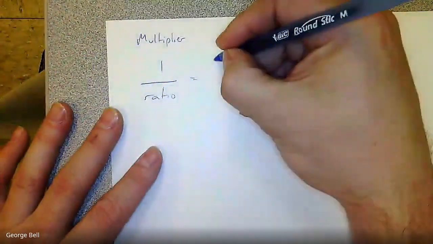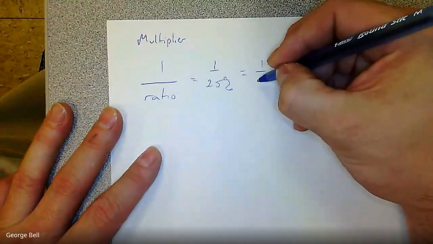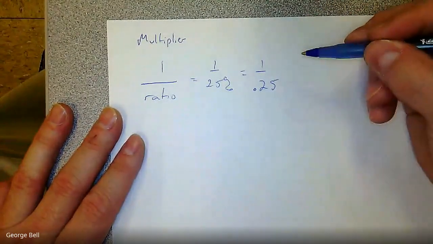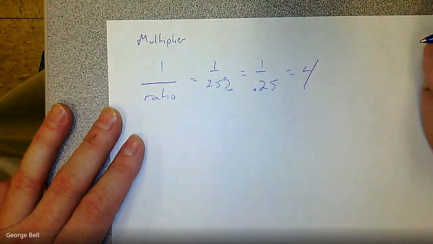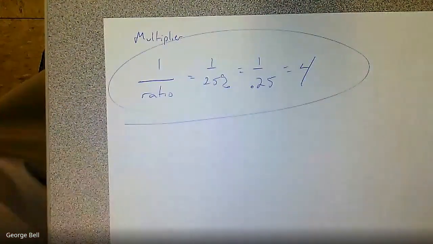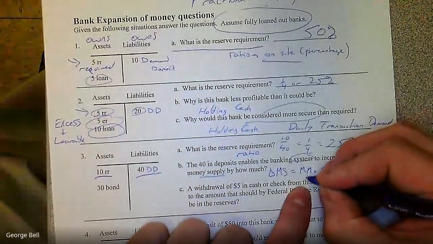So that means that this is going to be 1 divided by 25%. Now, technically, you can't do that. You have to convert that to a decimal. 1 divided by 0.25. How many times does 25 cents go into a dollar? The answer is 4. So this multiplier is something you have to be able to find for every problem like this. And in this case, then, the money multiplier is 4.